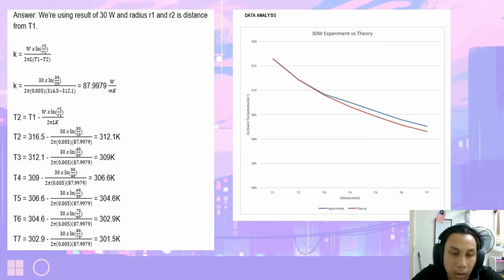Then we get the temperature for temperature 3 is equal to 309 Kelvin. So we just use the same formula, only for the initial temperature we use the previous value that we get. So all this temperature is the result that we get by using 30 watt.